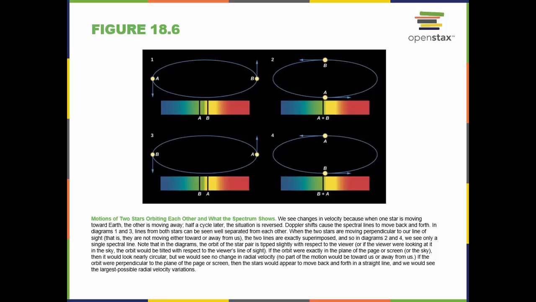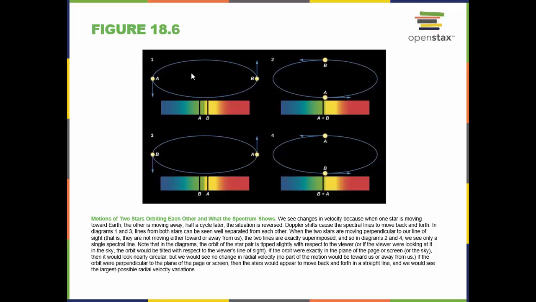However, consider figure 1. What's happening here is B is moving away and A is moving towards us, so we're observing it from, say, down at the bottom of the page and looking out in that direction. So in this case, star B is moving away from us and star A is moving towards us, or star B is receding and star A is approaching us.